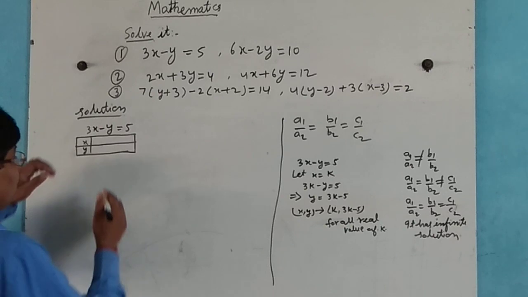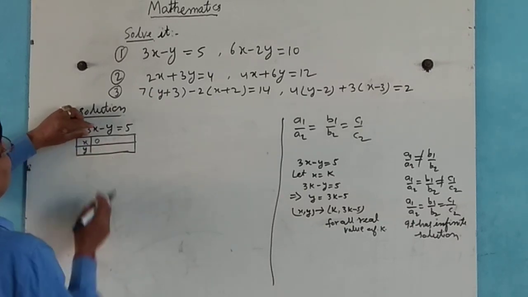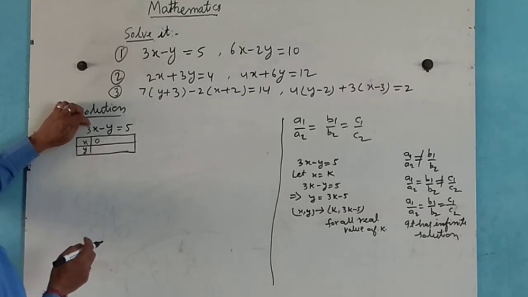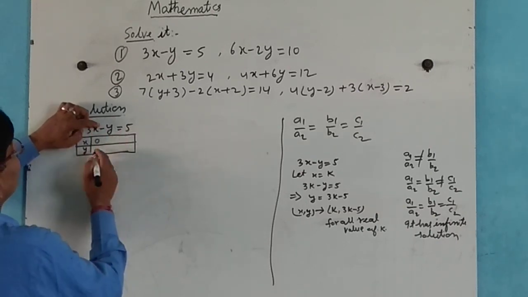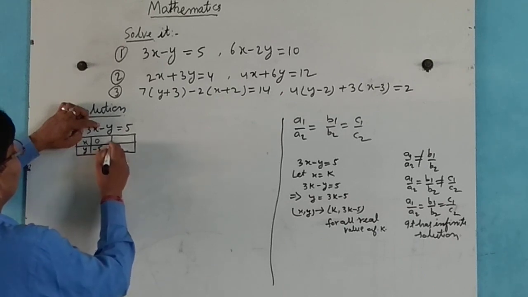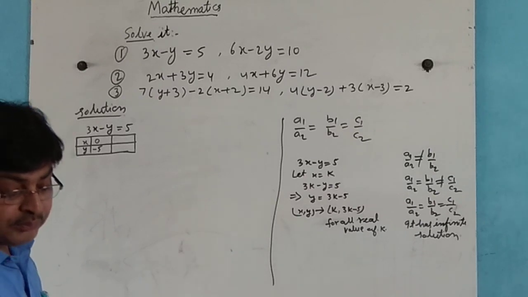If x is equal to 0, y is equal to minus 5.